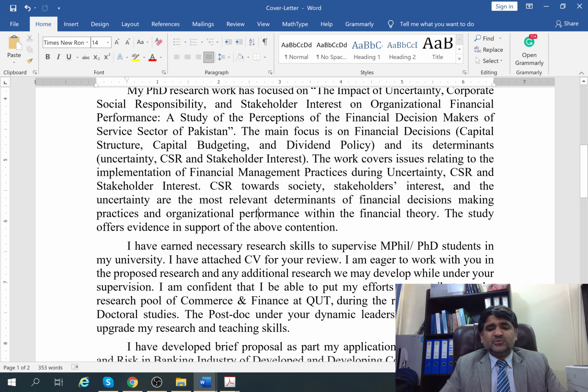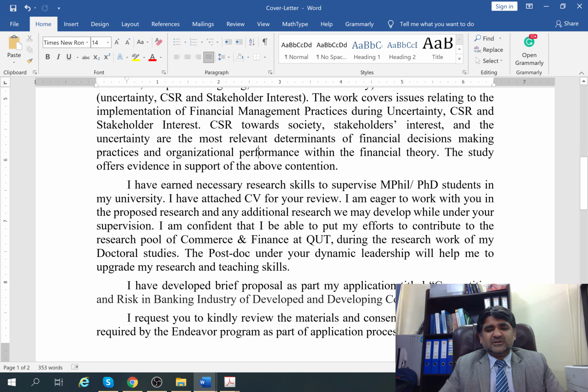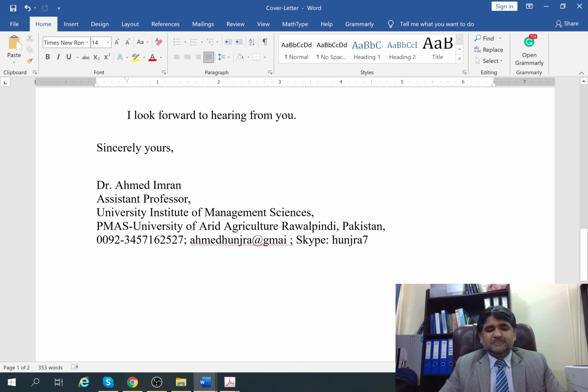CV is also one of the important parts, and normally we put everything in the CV, but we have to dress our CV or resume as per the requirement or the target fellowship.